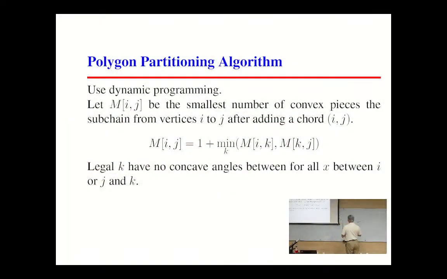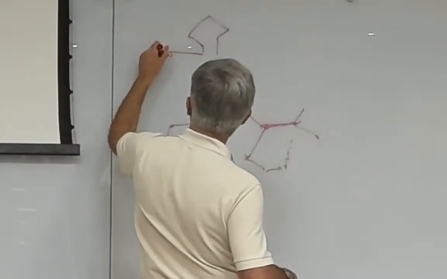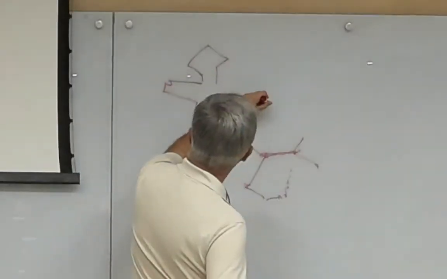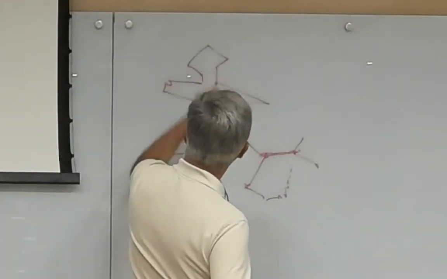Okay? What do I want to know? What am I going to stick a chord on when I have a non-convex polygon? Again, my polygon, whatever. What do I know?